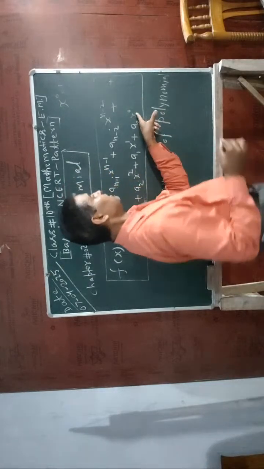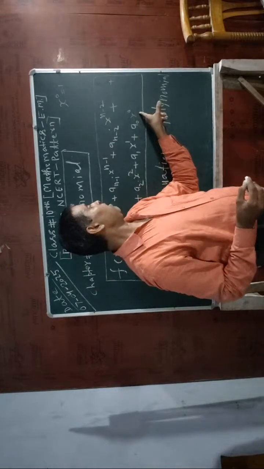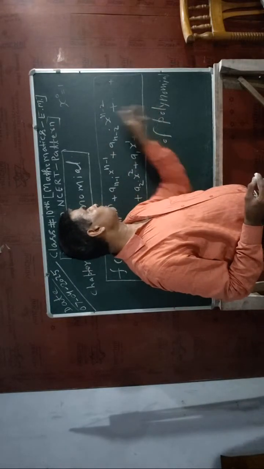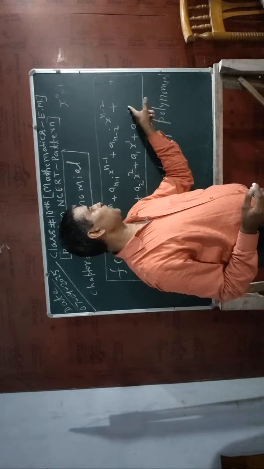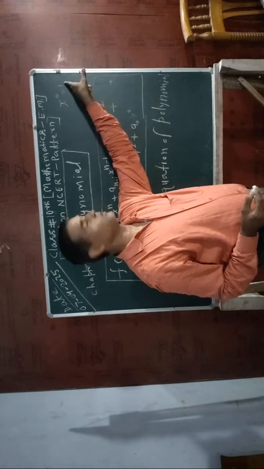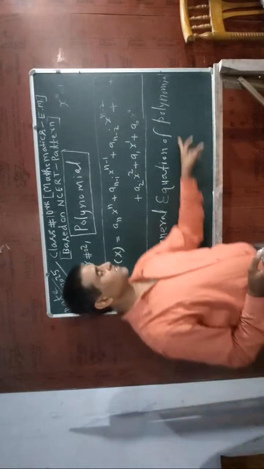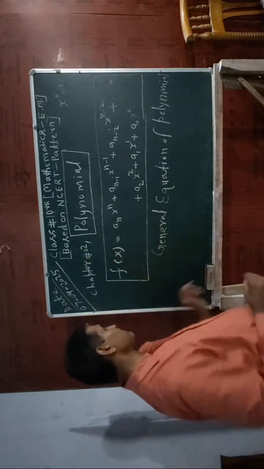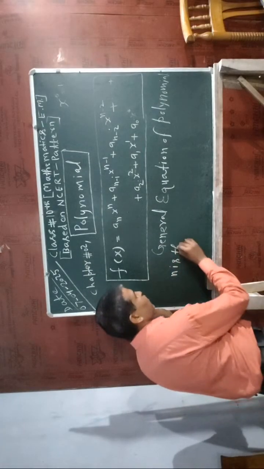You can put the value of x to the power 0 as 1, so you can put a_0 or a_0 into x to the power 0, because it has the value 1. Okay, students, so this is called the general equation of the polynomial. Now here I am saying n is a positive integer.